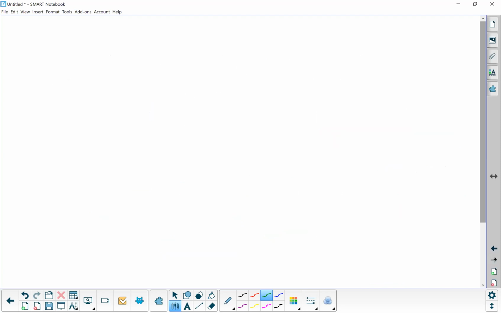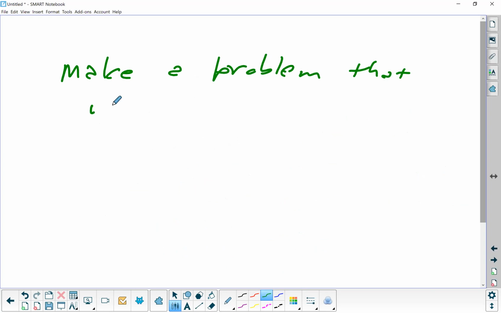And then the last problem is going to be a total gimme. Make a problem that would have the slant or the end behavior asymptote.